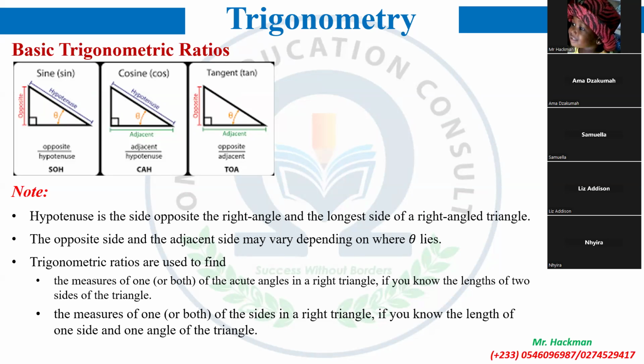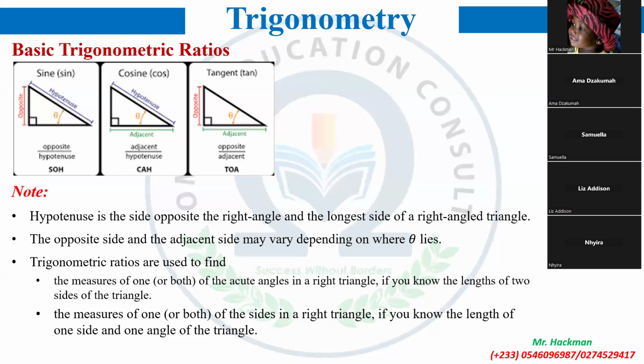We know that anytime we are dealing with a ratio, we are looking at a quantity over another quantity. So all of what I mentioned here, sine, cos, and tan, are all ratios. We'll be looking at ratios concerning the sides of the triangle, in this case a right angle triangle.